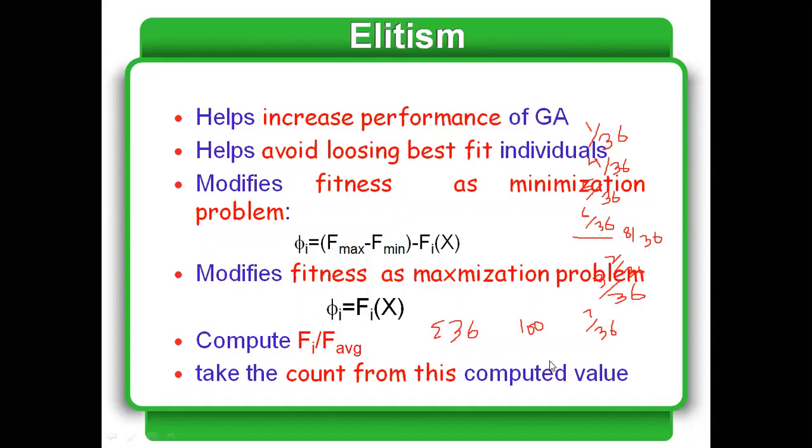So again, उसके बाद वही प्रोसीजर है. अब आपका मेटिंग पूल ये बन गया है. अब उसके बाद फिर उसको उसी तरह से सिलेक्ट कर सकते हो. अब इसमें से आप उसको रैंडमली अपने 2 पेरेंट्स को रोलेट व्हील अप्लाई करके सिलेक्ट कर सकते हो. That is, the rest of the procedure is going to be the same.